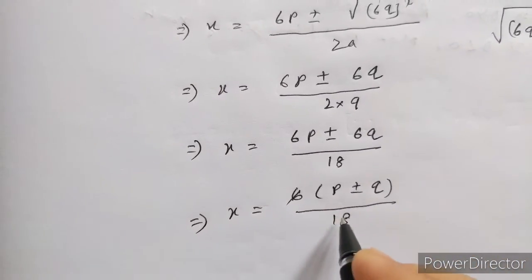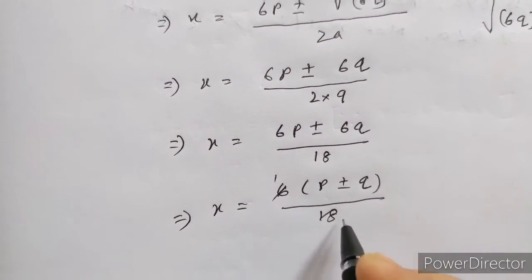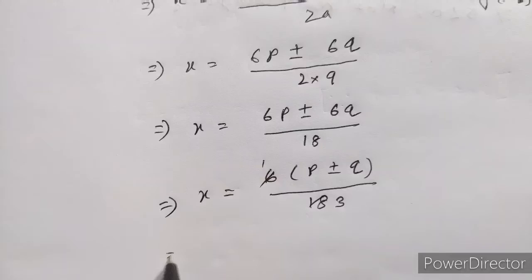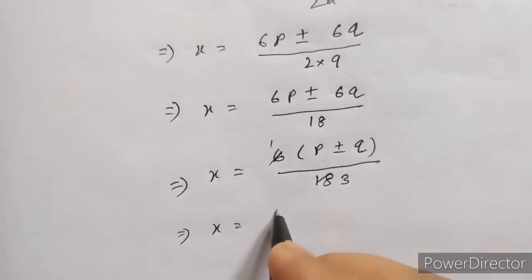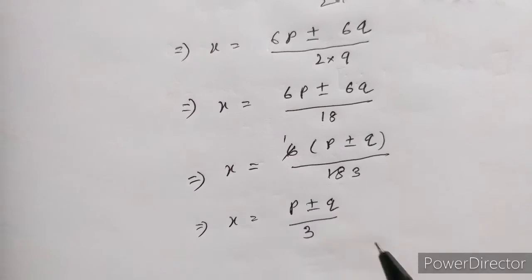So you can cancel this, 6 1s are 6, 6 3s are 18. So x is equals to p plus minus q divided by 3.